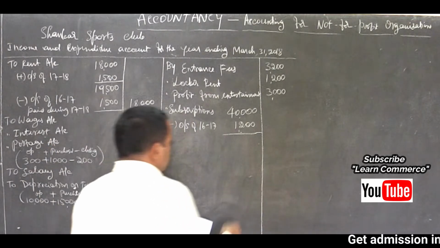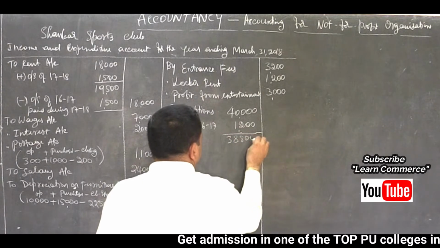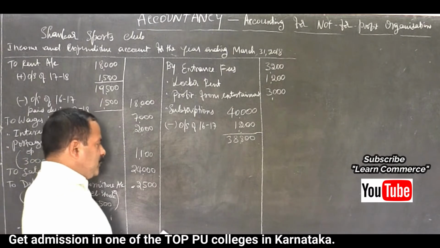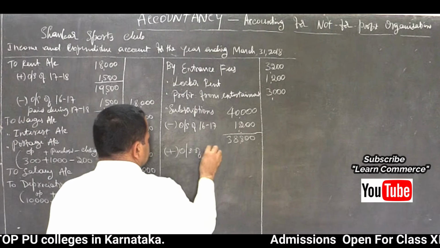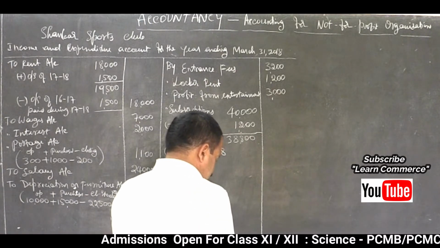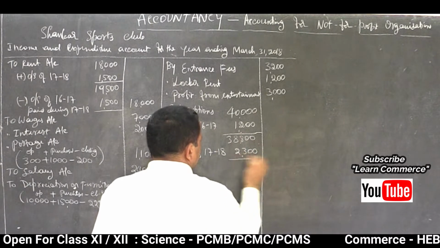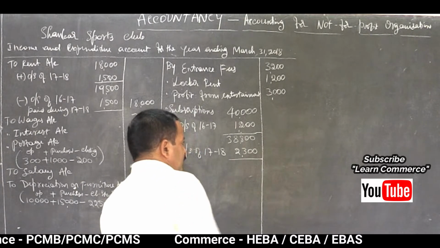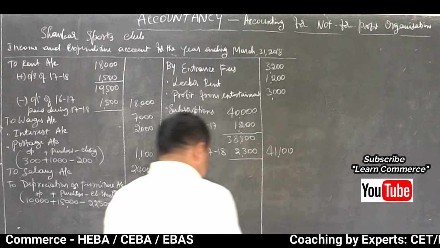So it will be 38,800. Add outstanding of 17-18, how much is it? 2,300. So the total will be 41,100. Yes, done.